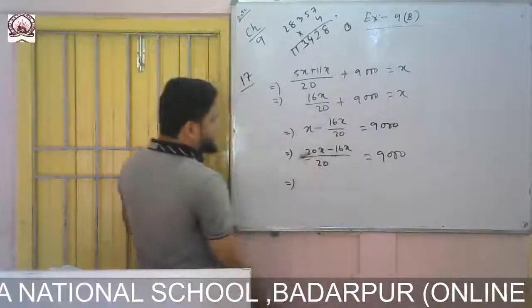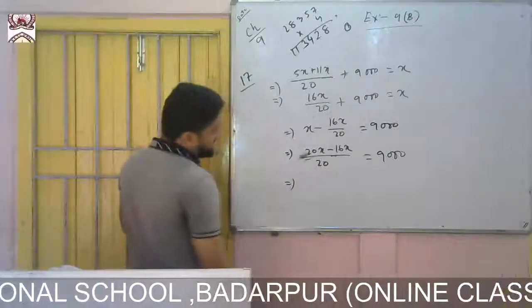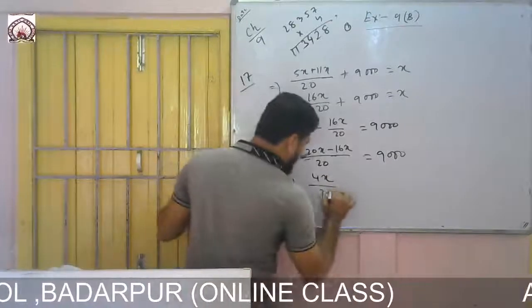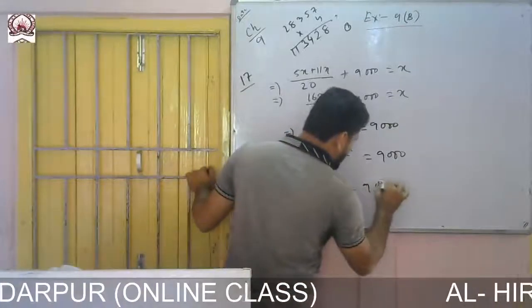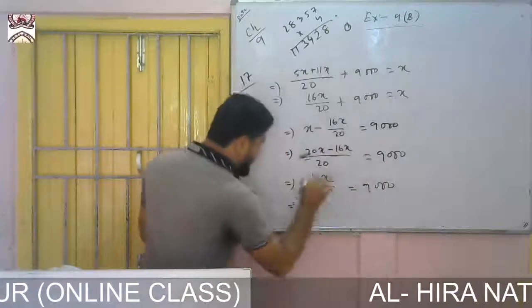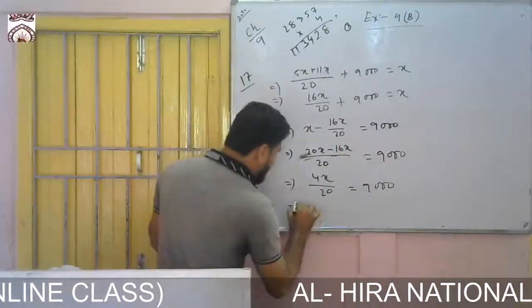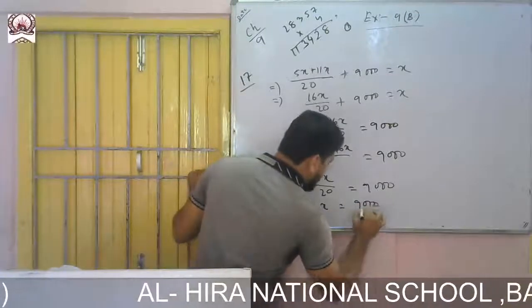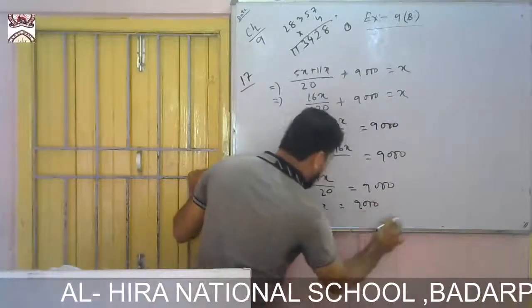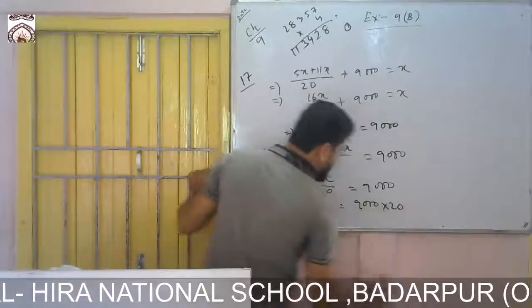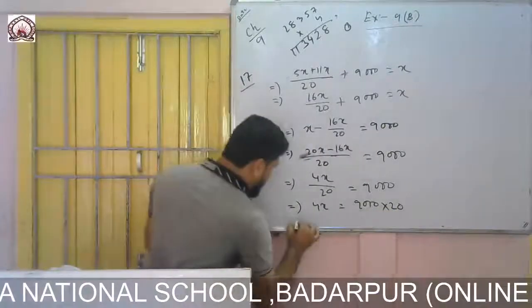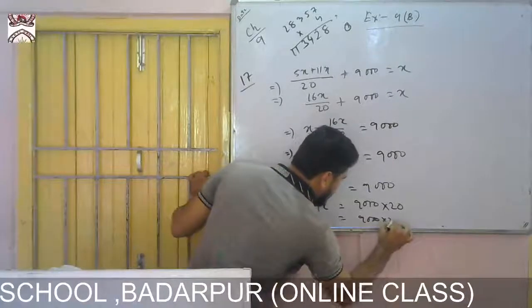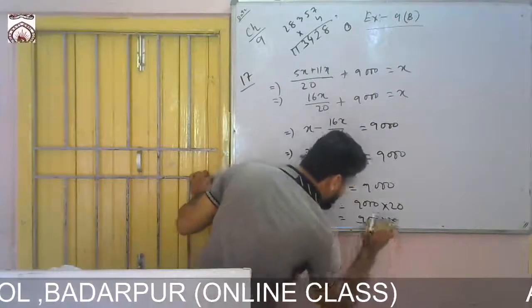Now 20x minus 16x is 4x. So 4x by 20 equals 9,000. Now cross multiply. Then I'll get 4x equals 9,000 into 20.